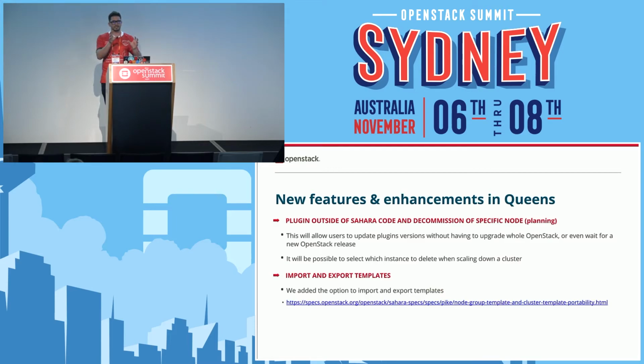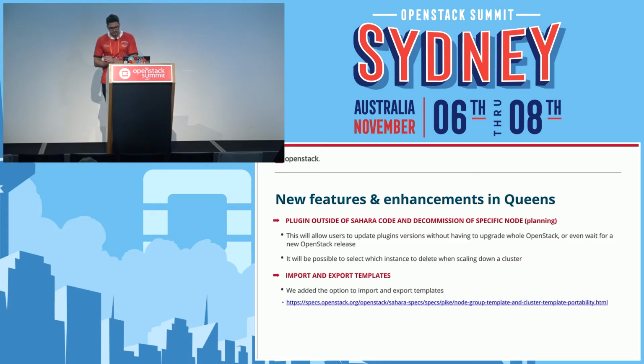You can only select which one of the node groups is going to lose a machine, but you can't select the specific machine that you want to remove from your cluster. We want to implement this feature, so we're going to give users the option to select the specific instance that they want to remove from the cluster.